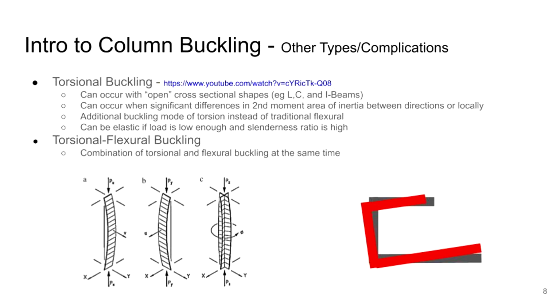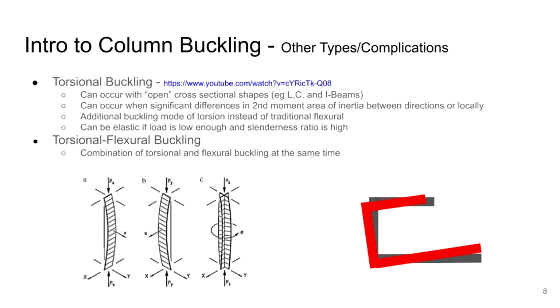We can see that on the left image, where we have the 2 possible constituent directions for flexural buckling, and then we have the third image, which is this torsional buckling. And as with flexural buckling, if you have a high enough slenderness ratio and the loads are low enough, you can get elastic buckling. But if the loads are high and things are short and chubby, you get plastic buckling.